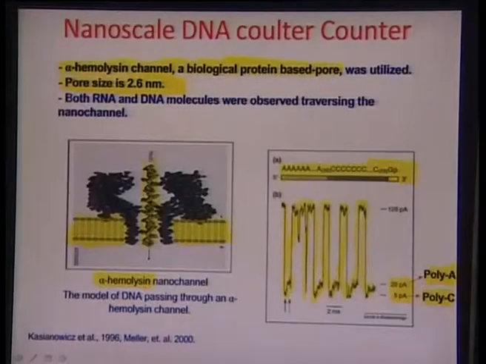In this particular work, both RNA and DNA were tried, and they were observed traversing through the nanochannel structure, and that gave a new direction to this whole area of manufacturing nanoscale pores.